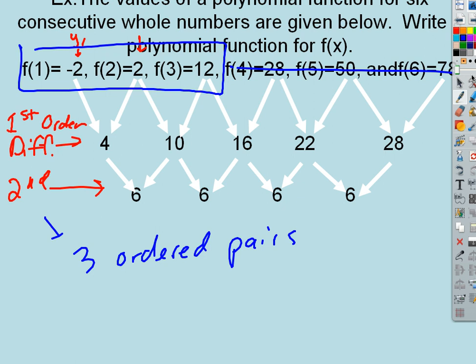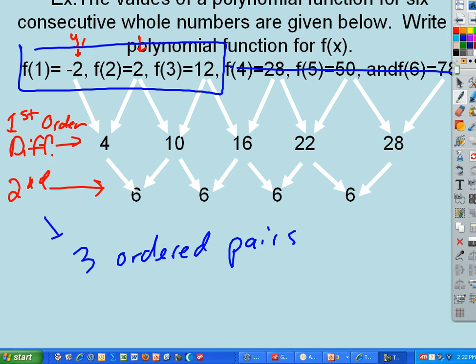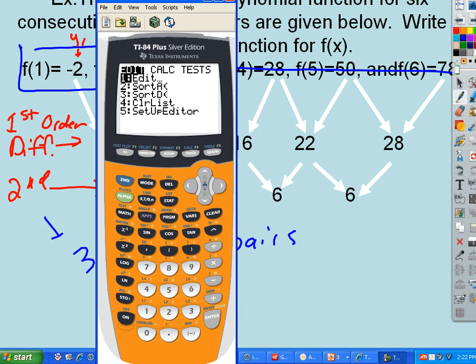How would you enter it in the calculator? Oh, the answer. So the answer would be, okay, so then what we would do here on the calculator, I've got to drag it over. We would have gone to calc, quadratic regression.